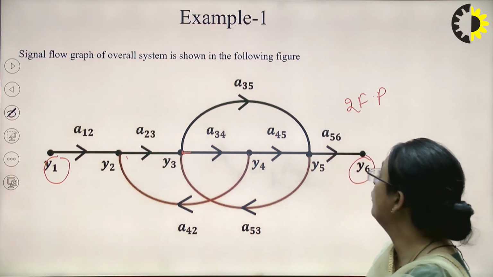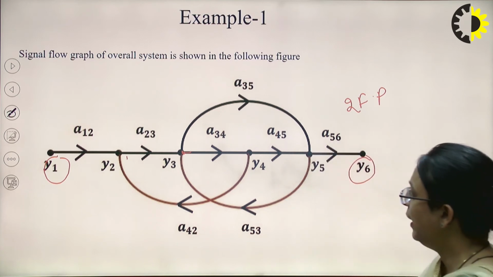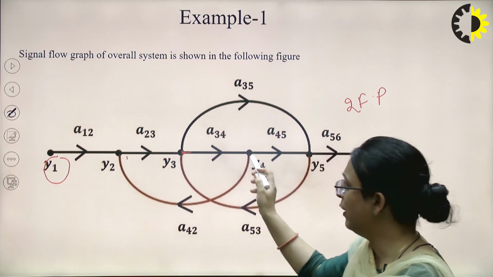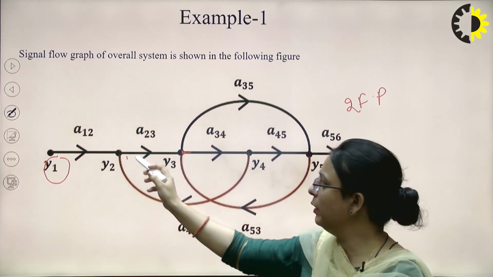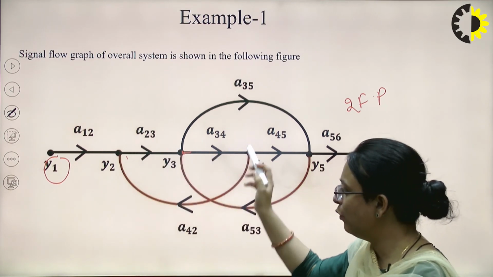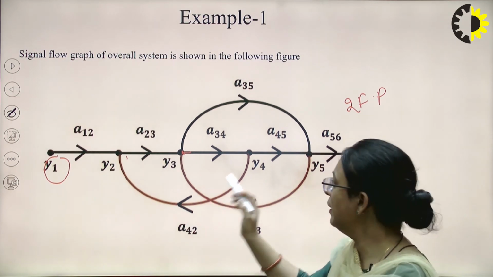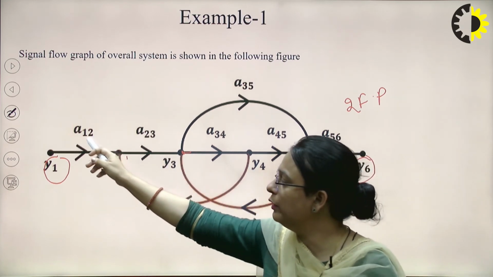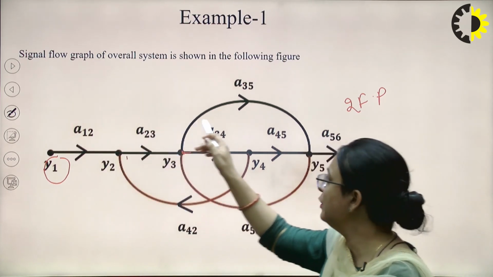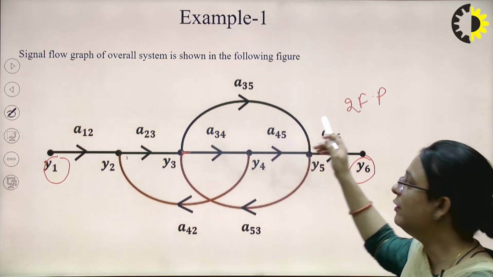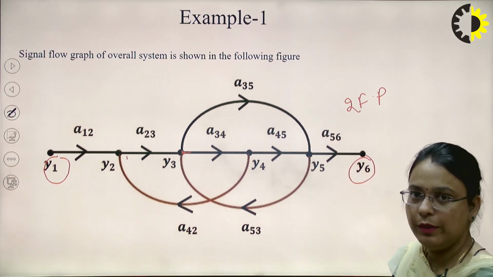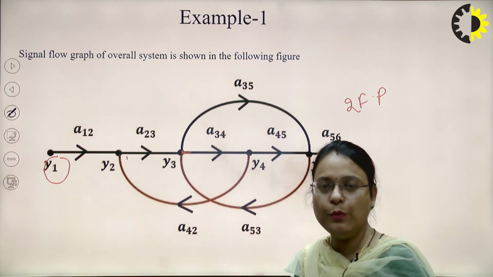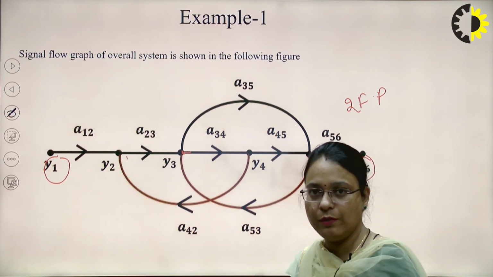The gain of the loop y2, y3, y4 back to y2 will be a23 into a34 into a42. Similarly, the gain of the forward path will be the multiplication of all these gains: a12 into a23 into a34 into a45 into a56. I hope the SFG is clear to you when a set of equations is given to us.